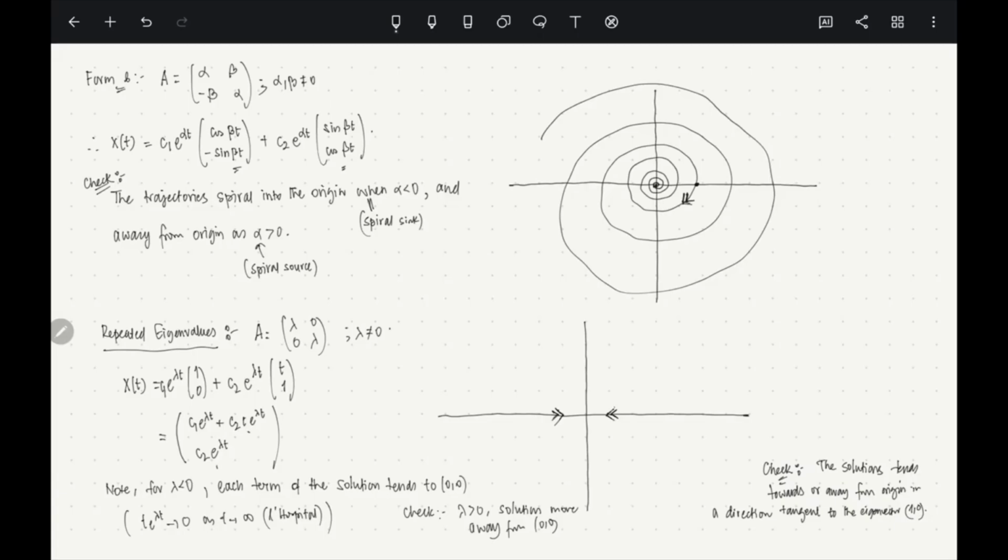Okay, so what is happening is this. The solution will look like this in this case. Sorry, my drawing is really bad, but similarly here also it will look like this.